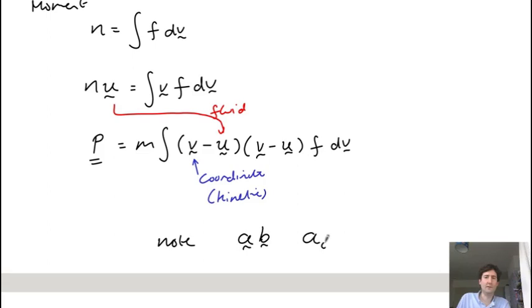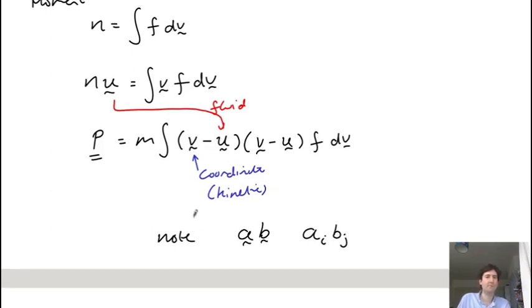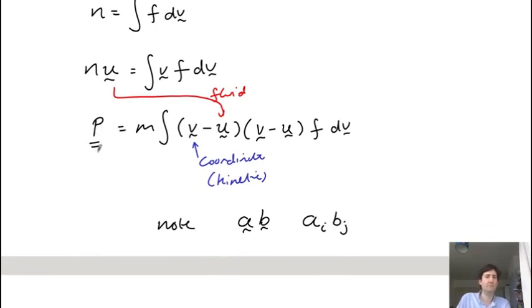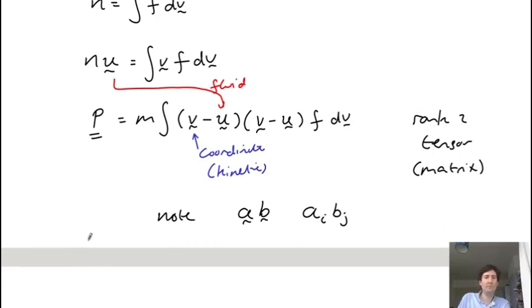So this is like a_i b_j, a two-dimensional tensor, so a matrix, where one index is the first vector and the second index is the second vector. This gives us a rank 2 tensor, i.e. a matrix, and this can be continued to higher orders.